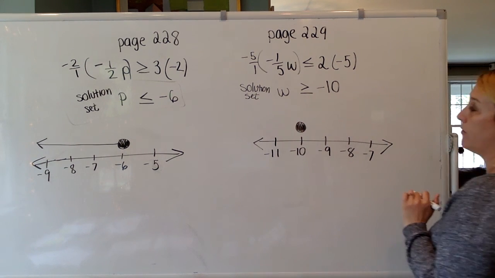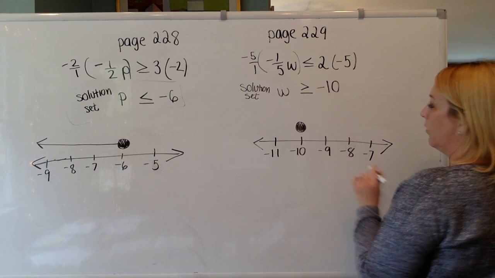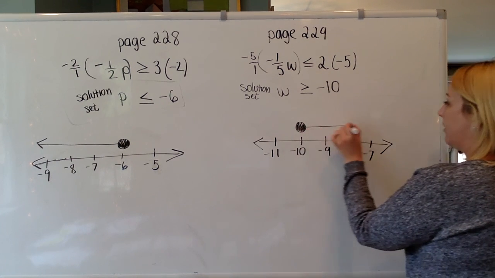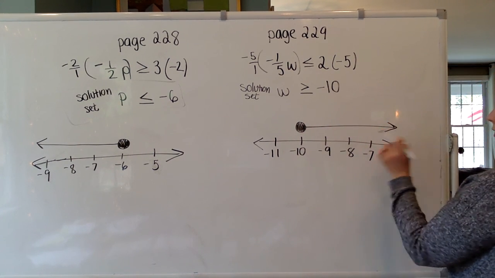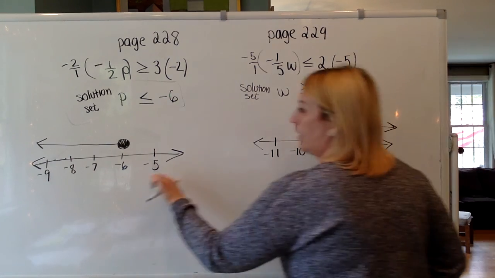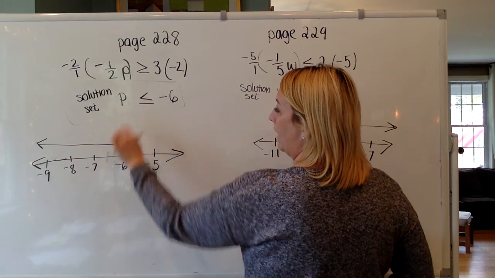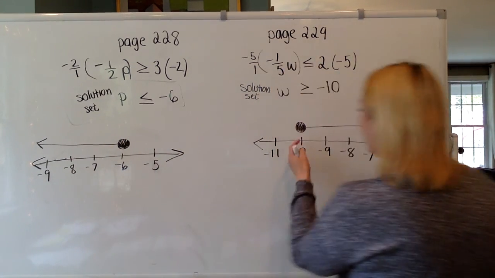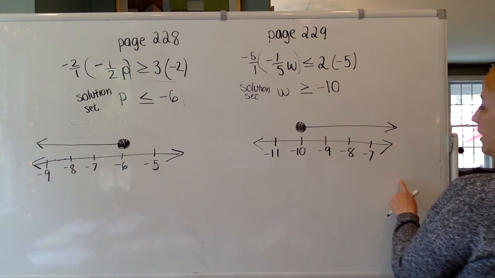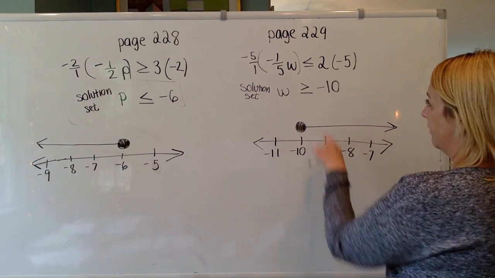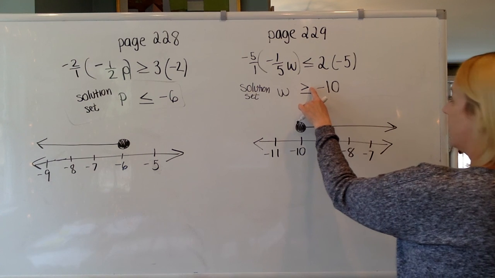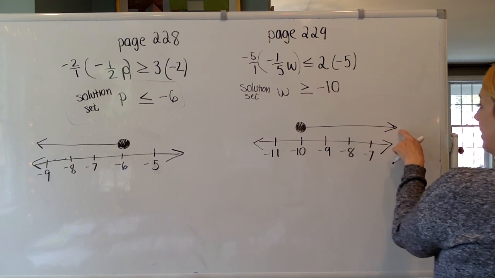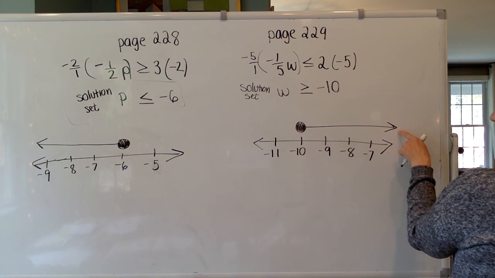And W is greater than or equal to negative 10. So greater than negative 10 is headed this way towards the 0, right? Here we were getting away from the 0 because it was less than negative 6. Here we're going to move our arrow closer to the 0 because it's greater than negative 10. And of course, the back of the alligator's head matches up with the pointer of the direction of the line.